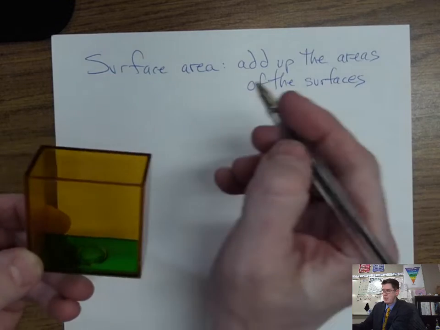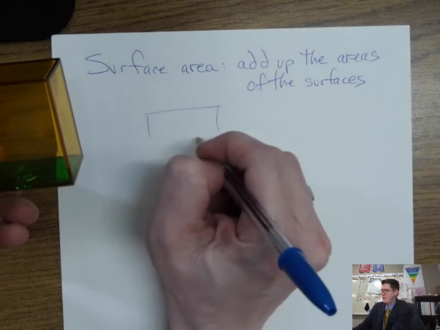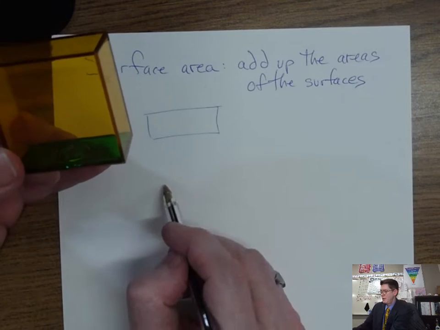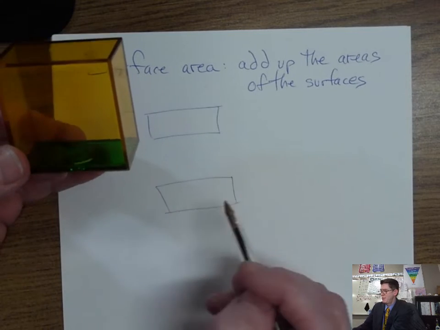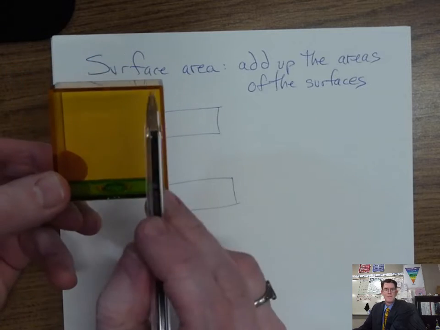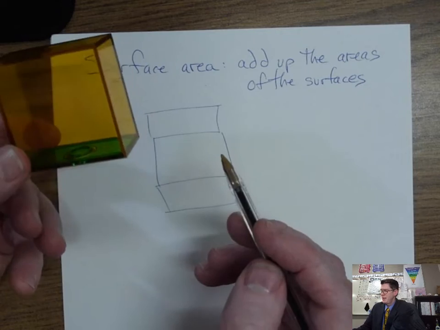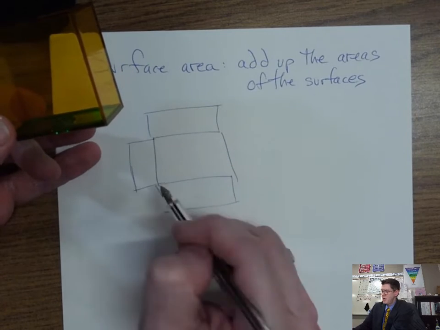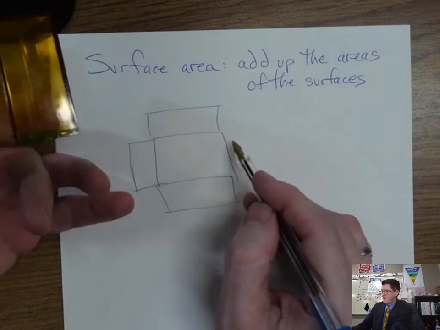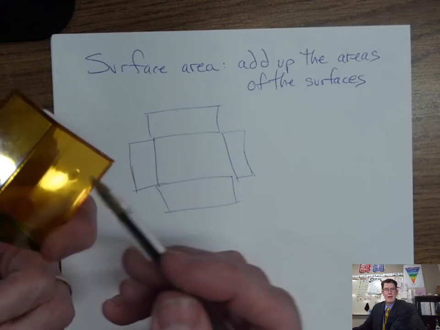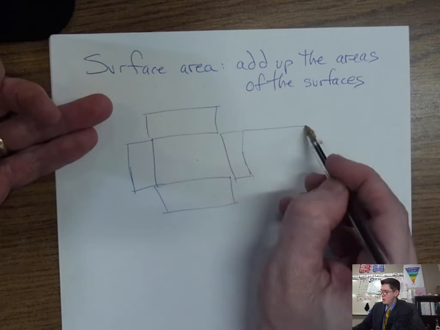So we're going to be finding the area of this top rectangle, of this bottom rectangle right there. We're going to find the area of this rectangle right here that's in between them. And then there's this long one right here, and then the one on the back that matches this one like this.